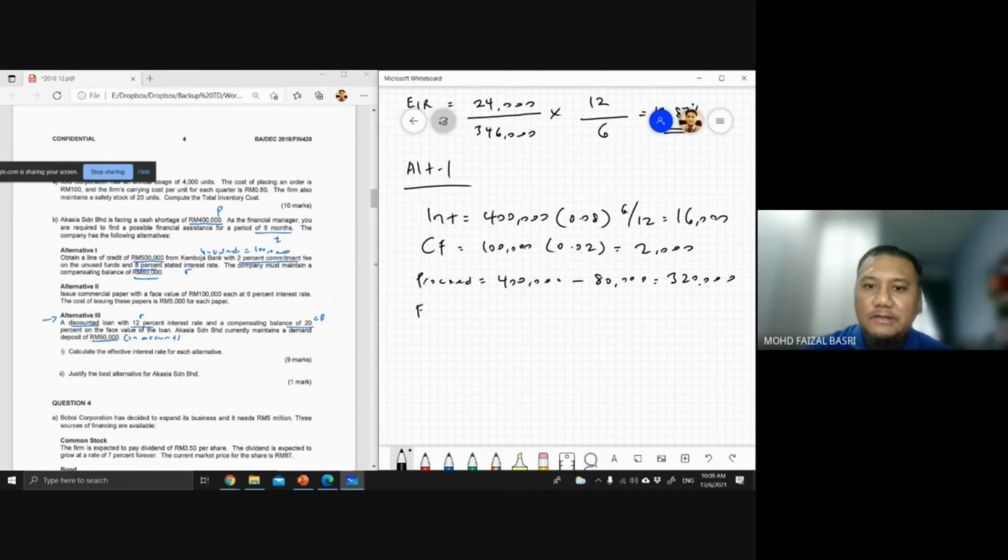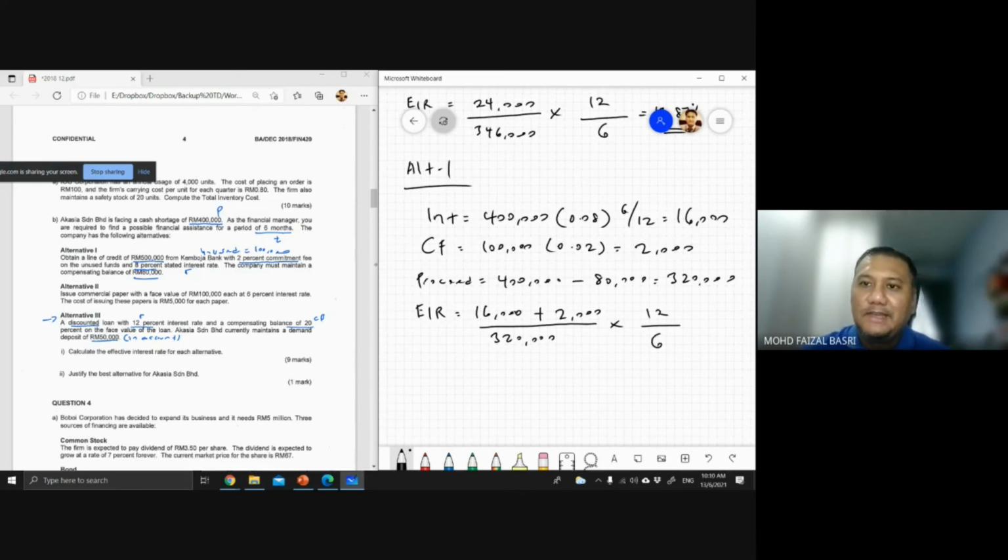Then we can calculate the effective interest rates. So the EIR will be interest 16,000. Okay, plus commitment fee 2,000 ringgit. Divide by proceed 320,000. Multiply by 12 and divide by 6.